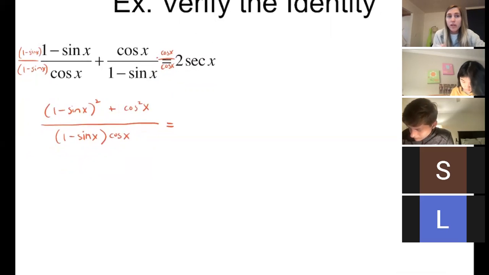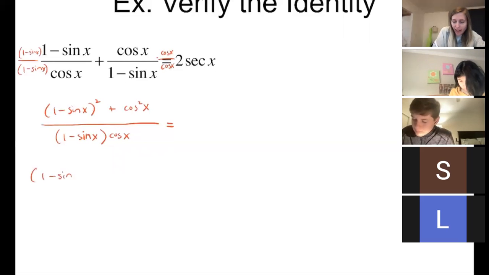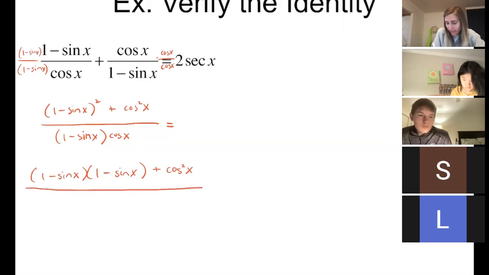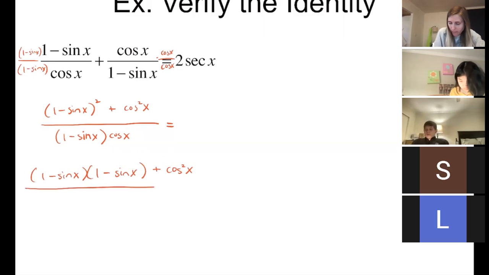Does anyone have any questions on how I got to there? Okay, we need to multiply out the numerator and then combine like terms if possible. Please don't say that 1 minus sine, that quantity squared, is 1 minus sine squared. Remember, that is 1 minus sine times 1 minus sine. That exponent refers to repeated multiplication.